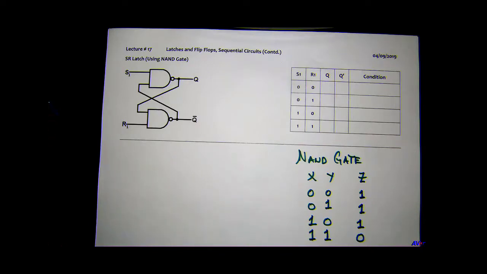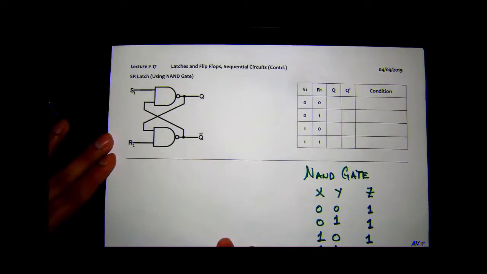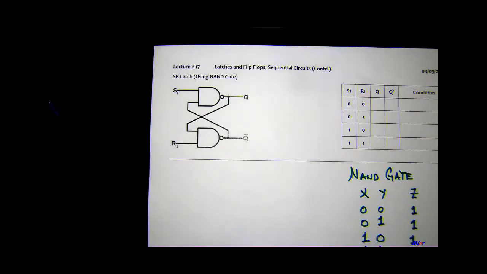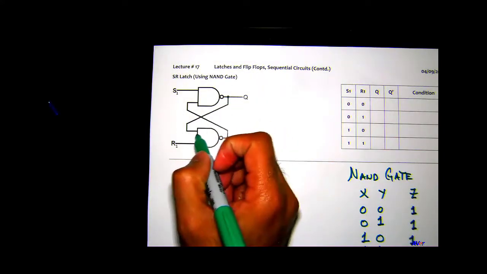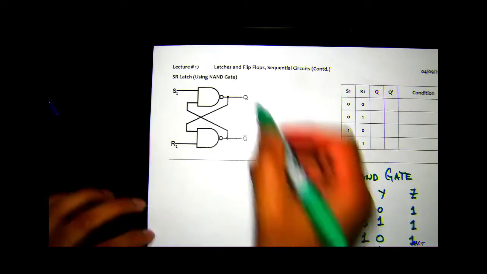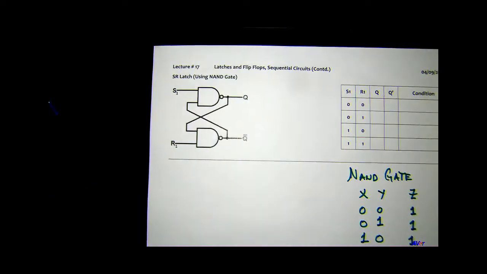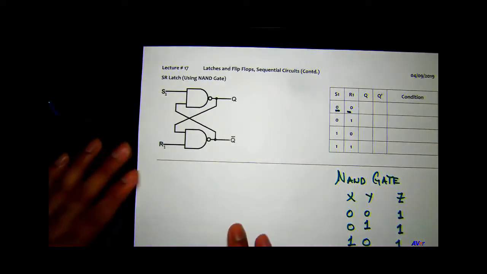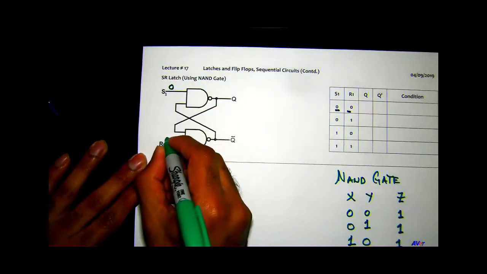Okay. All right. So we're going to start off, and again, we have this SR latch using the NAND gate. The output of this NAND gate is fed back into the input of this NAND gate. We got Q and Q naught. We know that those are going to be the complement of each other. Let's start with this combination first. When S1 and R1 both are set to 0, 0.